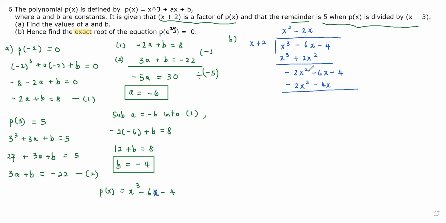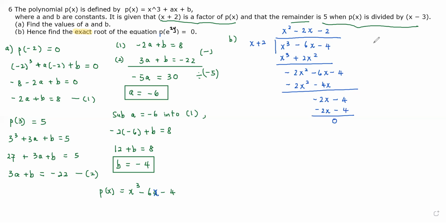Subtracting the second line from the first line here, we have negative 6x plus 4x, so negative 2x minus 4. Negative 2x divided by x is negative 2. Multiplying, we have negative 2x minus 4. The remainder is 0.